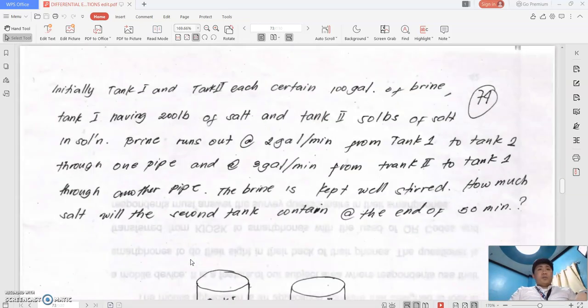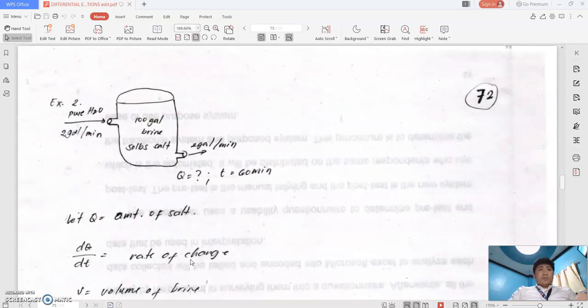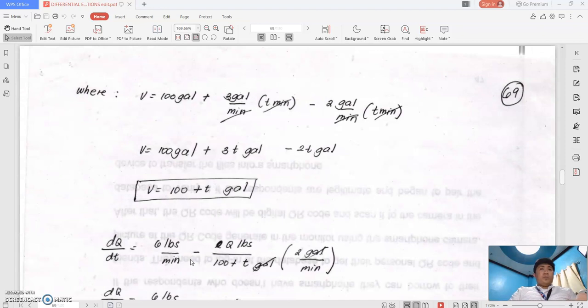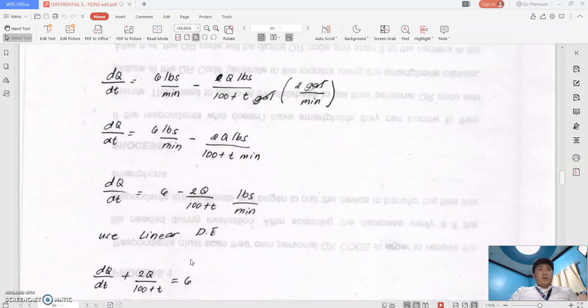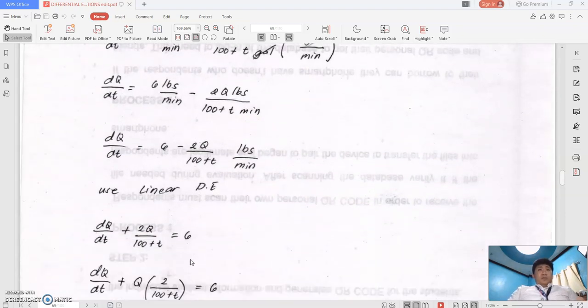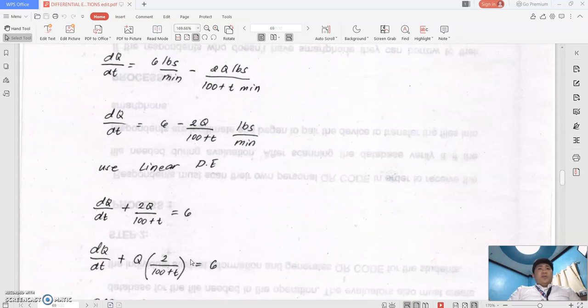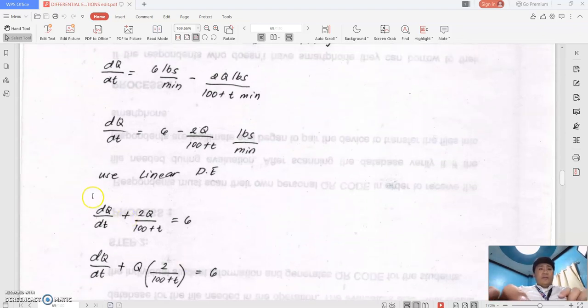Using the linear differential equation, you will have this value. Just transposing the negative 2Q over 100 plus t to the side with dQ over dt, you'll have a positive 1, which is equal to 6.